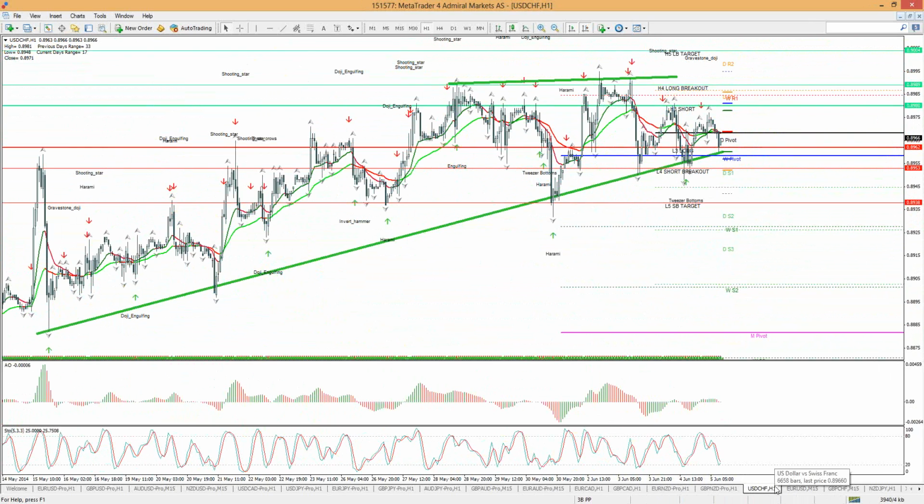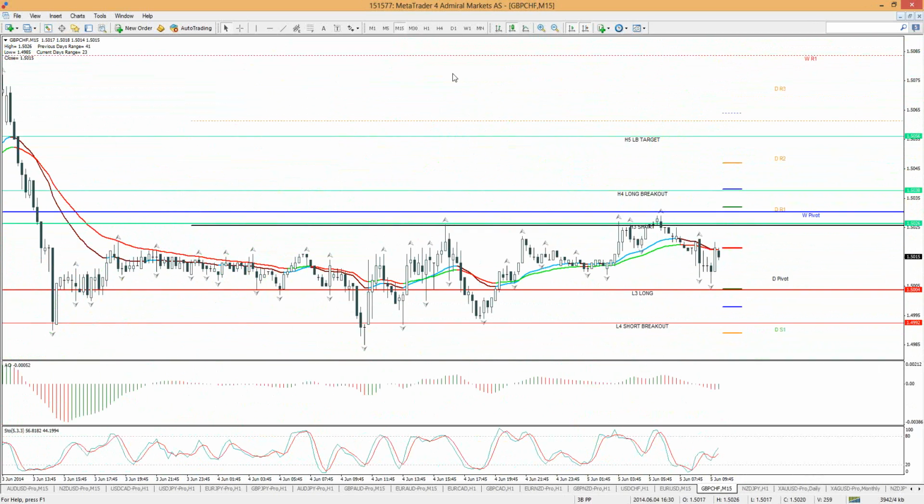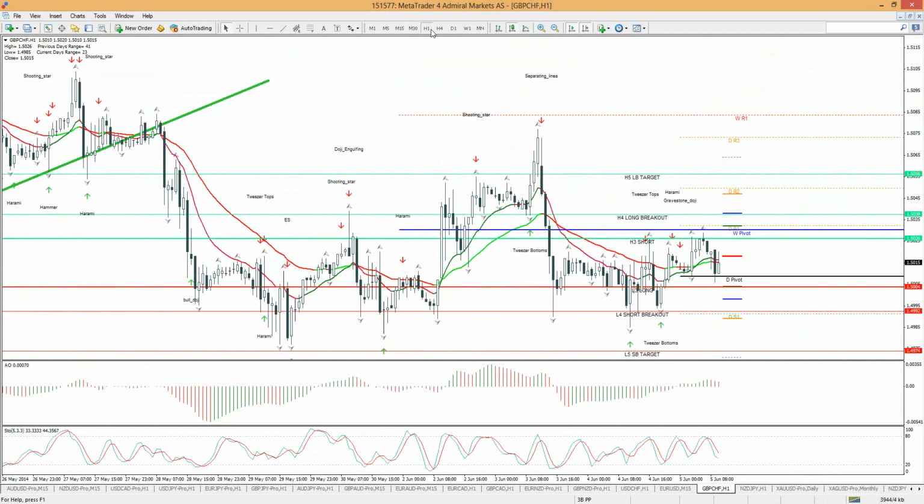Dollar-Swissy, messy. Rising wedge, not interesting. Pound-Swissy. Also stuck in between those pivot points, in fact, the weekly and the daily.